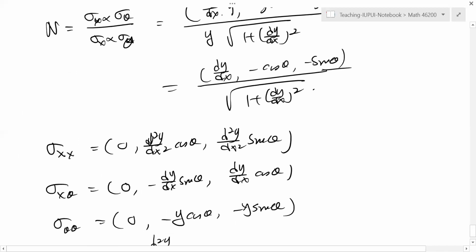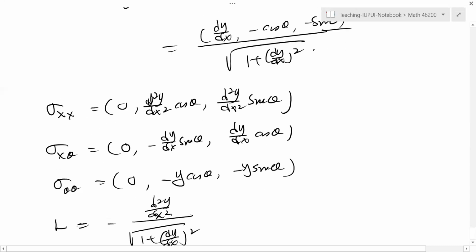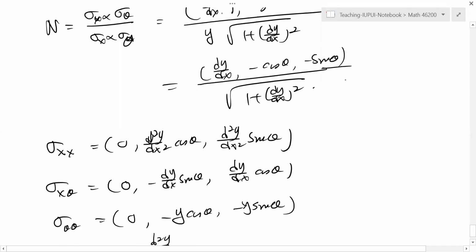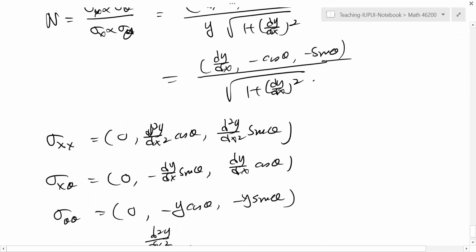And let's go back to the definition of the second fundamental form. Right, this is sigma xx dot product with the n. So this is my n, right? So this dot product, I get a negative. Yes.